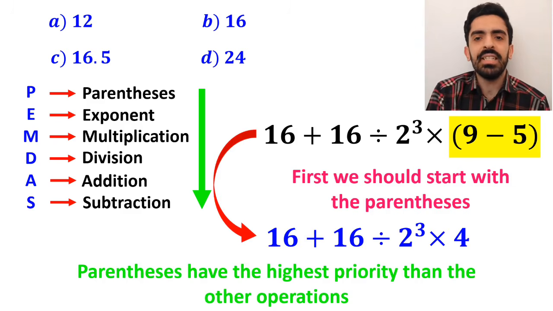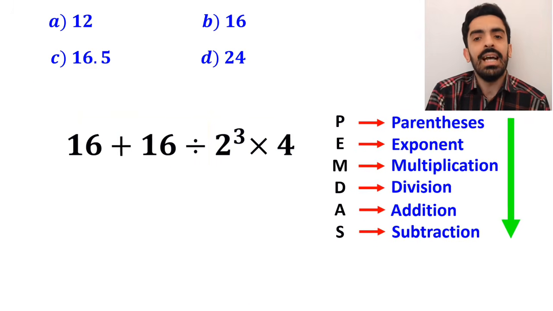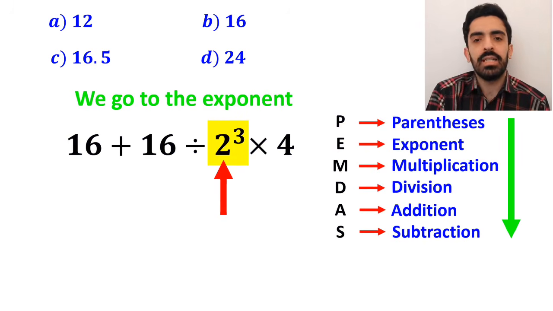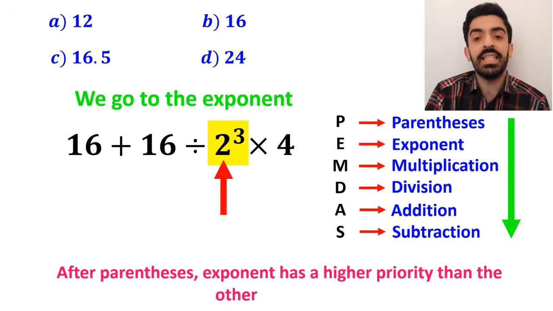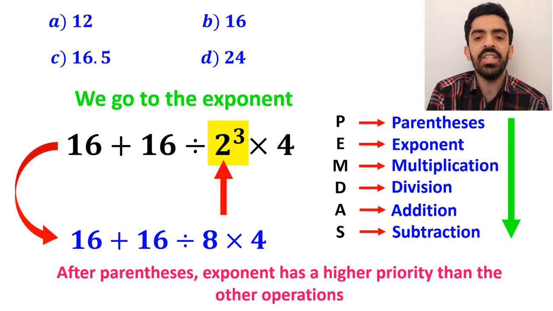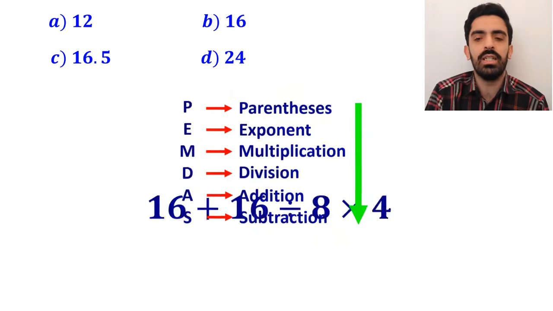So, we can write this expression as 16 + 16 ÷ 2^3 × 4. And the next step, we go to the exponent, because after parentheses, exponent has a higher priority than the other operations. So, this expression simplifies to 16 + 16 ÷ 8 × 4.